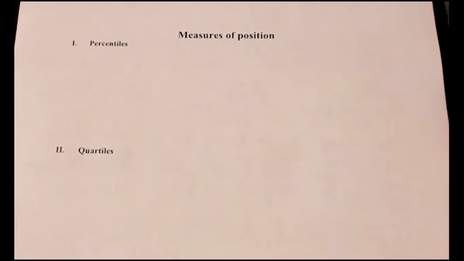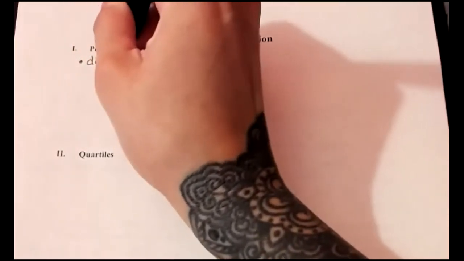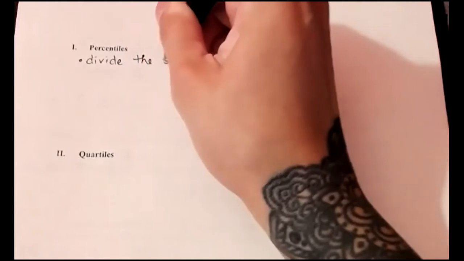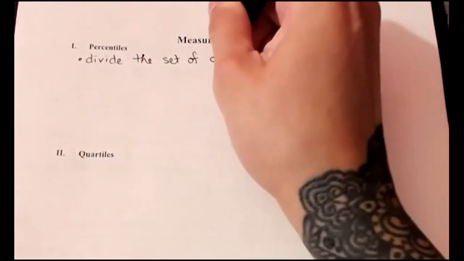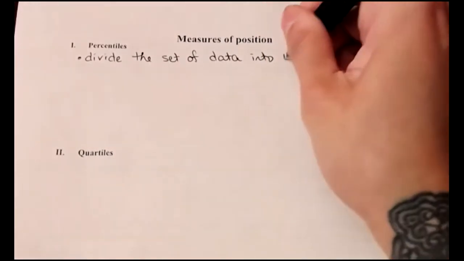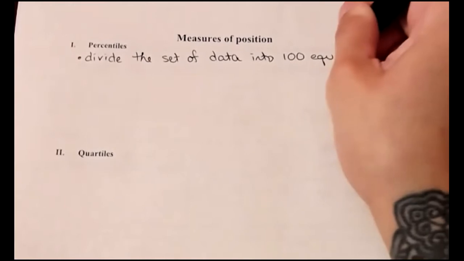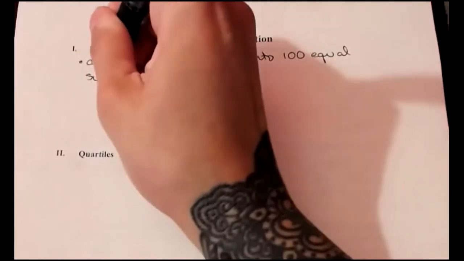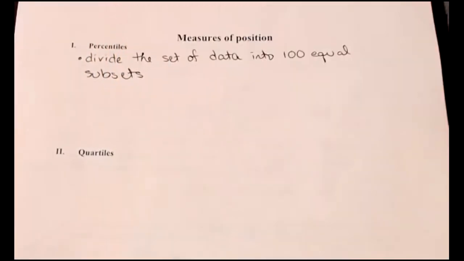So we're going to start by discussing percentiles. First off, let's note that percentiles divide the set of data into 100 equal subsets. When you hear 50th percentile or 73rd percentile or 95th percentile, you're thinking percentages, right? So it would make sense that it's out of 100.